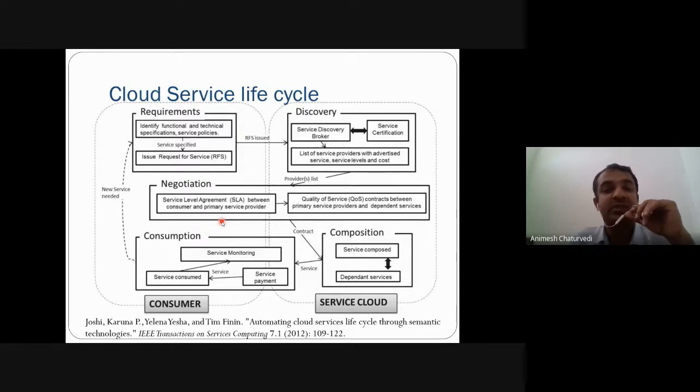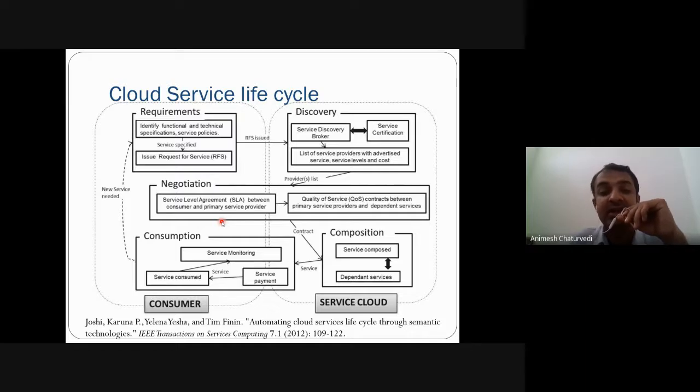Then you'll do the negotiation with the client and auditor as a provider, and you'll mention it in the service level agreement. Between the consumer and the primary service provider, you'll have quality of service mentioned in the service level agreement, and how the primary service provider and dependent services would work out. Thereafter the composition of the service would be done, how the contract should be taken care of, with composed and dependent services.